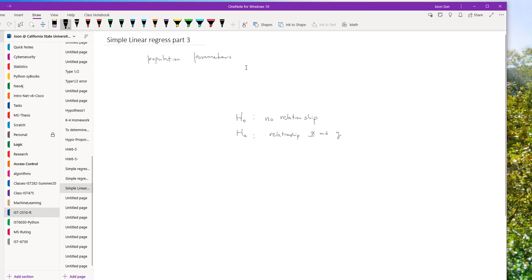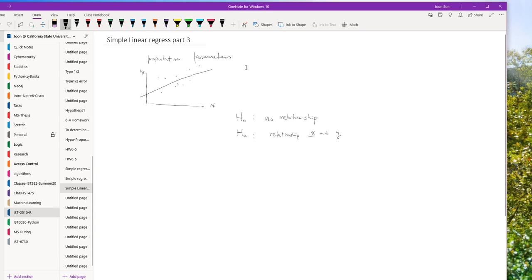This is x and y, and let's say this is the true regression line, because we have all the data. It's going to be a lot of data because it's about the population. So this is an accurate model, representing the true regression line because it's based on the population.